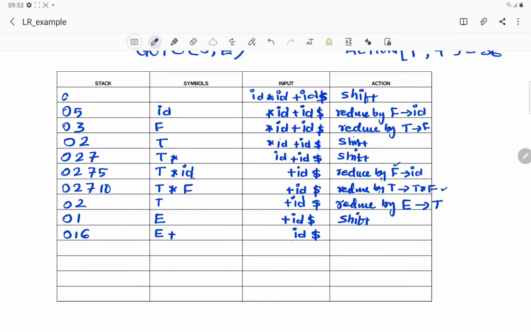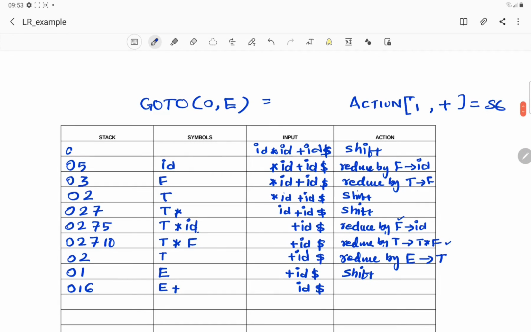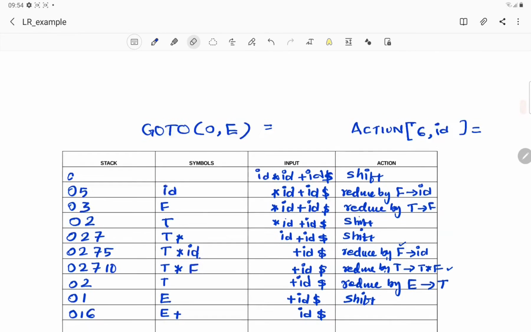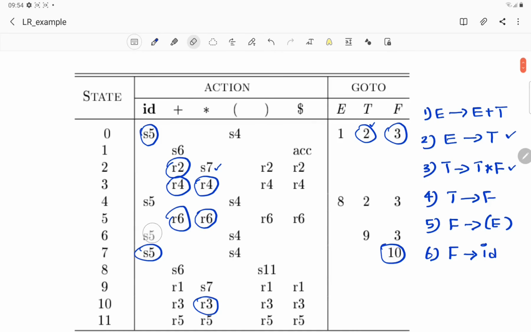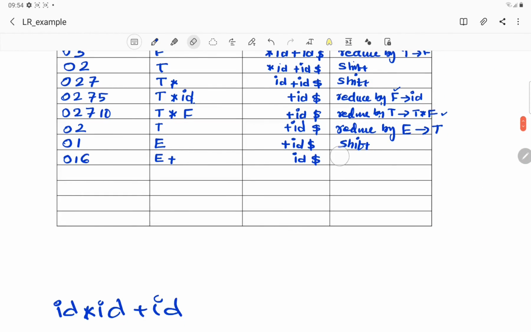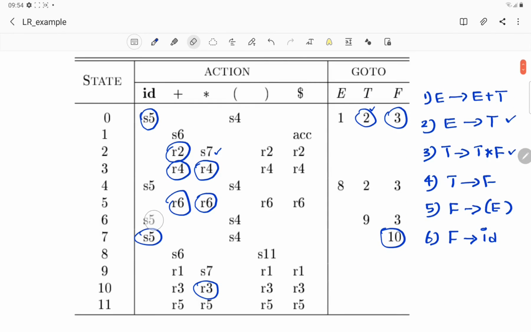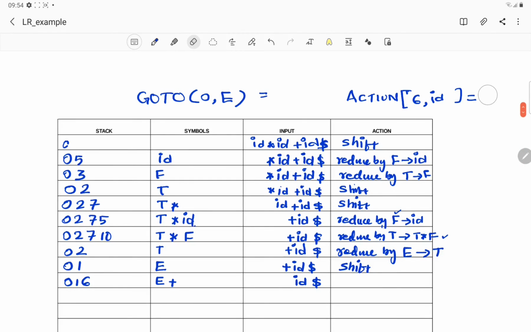Now the stack top is 6, and the next input symbol is id. So action of 6 comma id is S5.